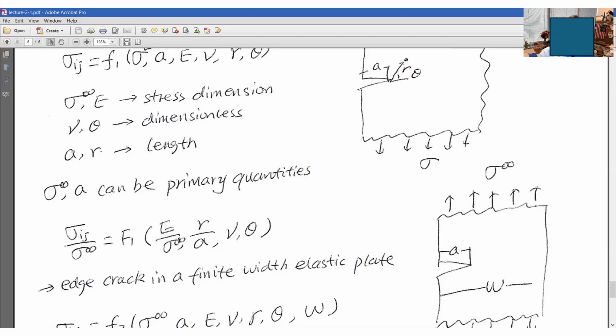So just R divided by A, right? So finally I can get this equation, and F1 needs to be determined. Any questions so far? And how can I determine F1? You need to use specific data. You understand, guys? Okay, great.